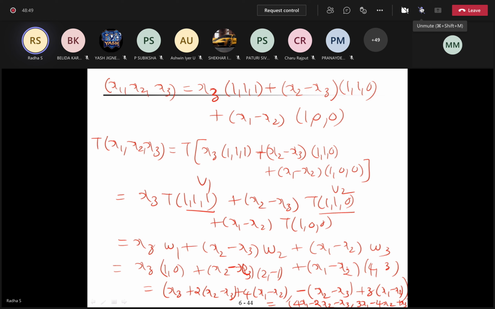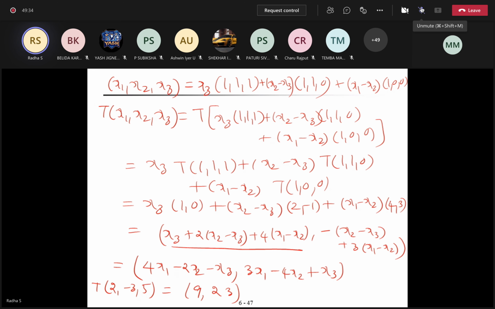Evaluate and tell me. (9, 23). Yes, ma'am, (9, 23). Yes, correct. Okay, anyway, I've solved this already.